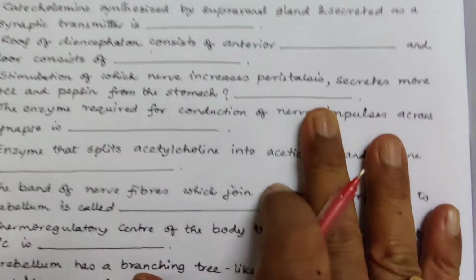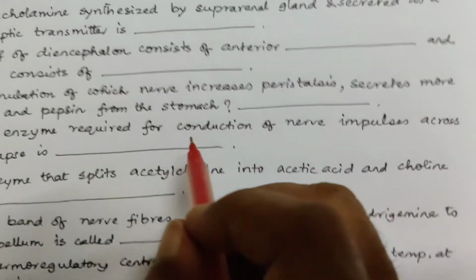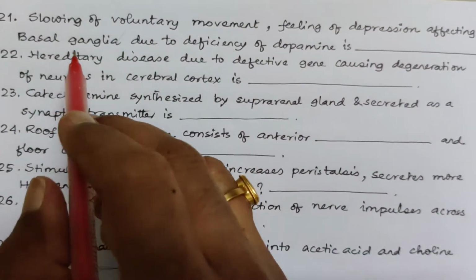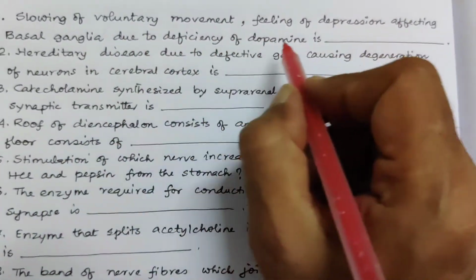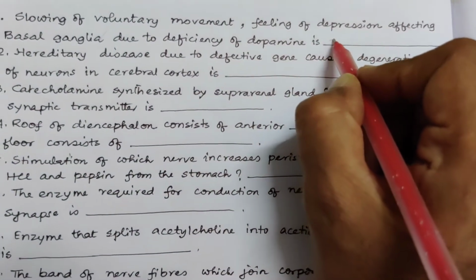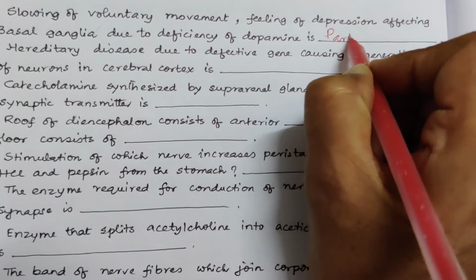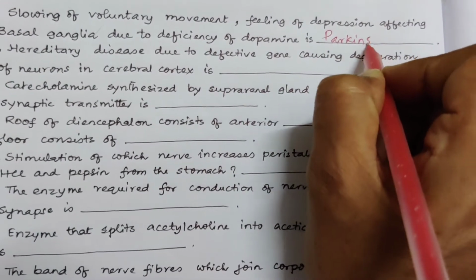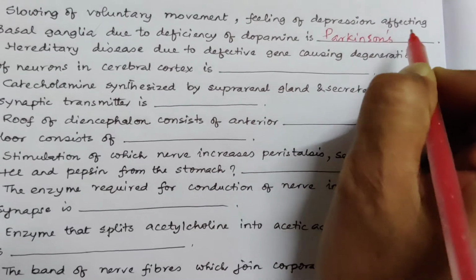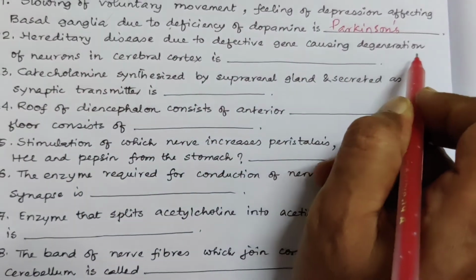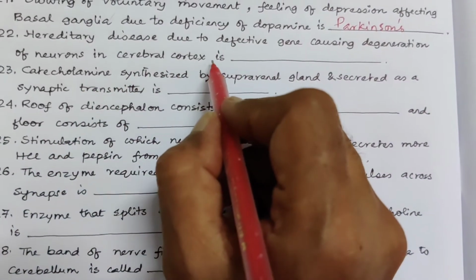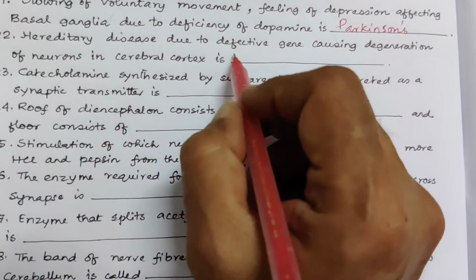21. Slowing of voluntary movement, feeling of depression affecting basal ganglia due to deficiency of dopamine is Parkinson's disease. Hereditary disease due to defective gene causing degeneration of neurons in cerebral cortex is Huntington's chorea.